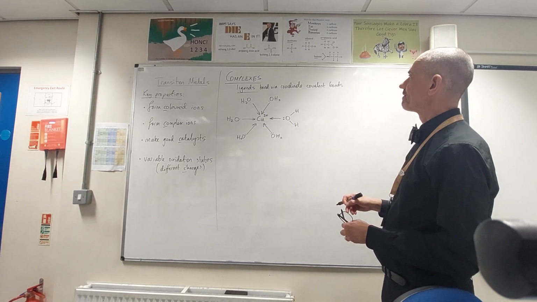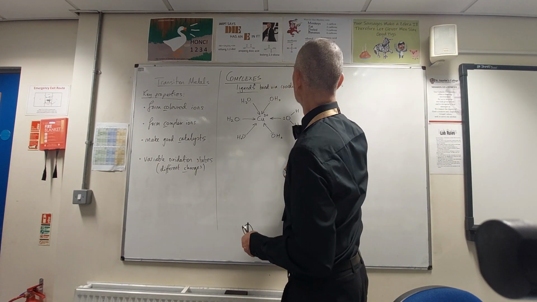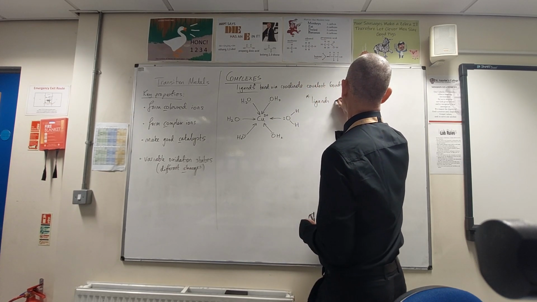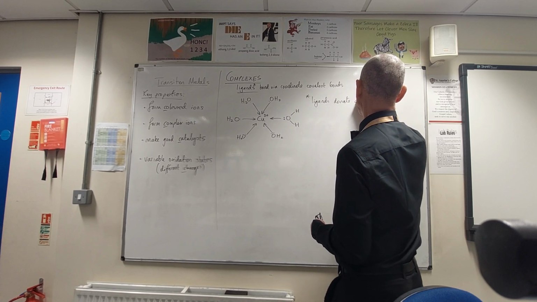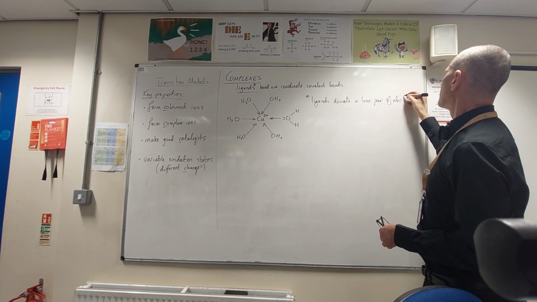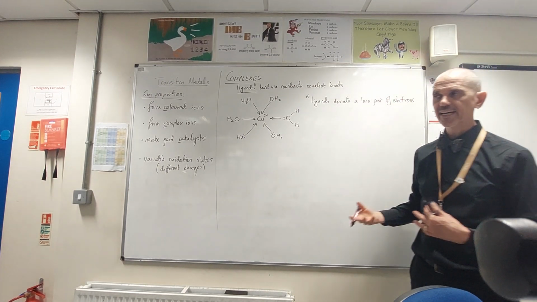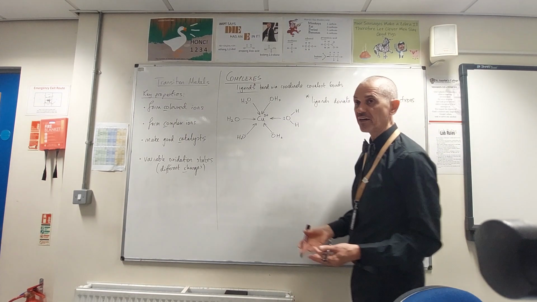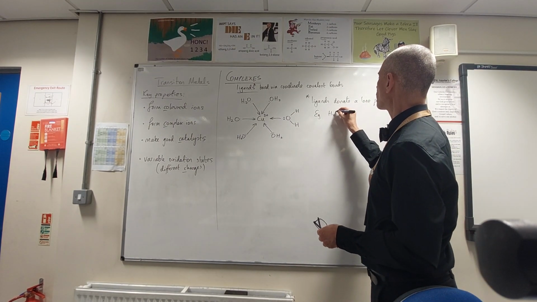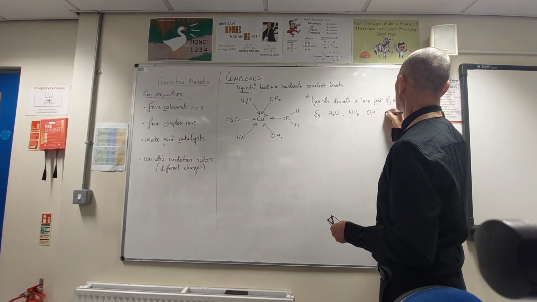Coordinate bonding to the central transition metal by doing what? Donating. Yeah, so they've got to be able to donate a lone pair of electrons. So they can be charged. You get OH minus is a ligand, CN minus is a ligand. Or they can be neutral, like H2O and NH3.